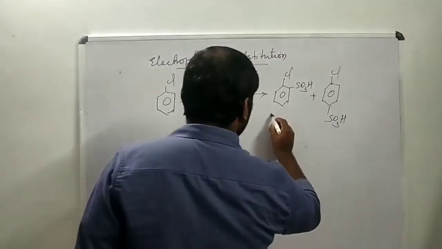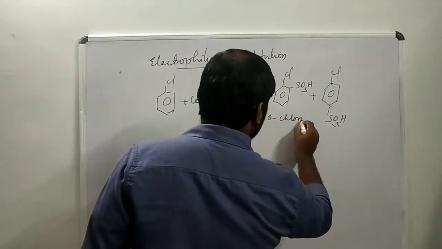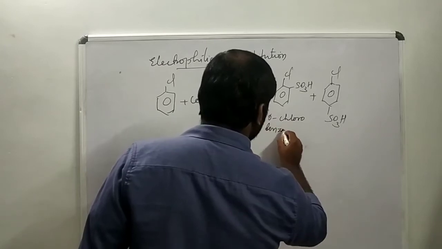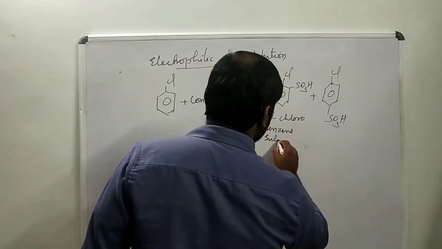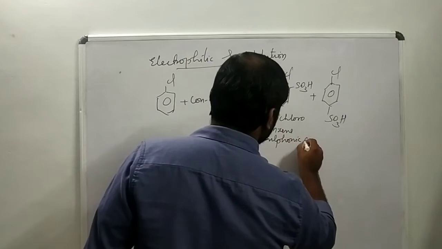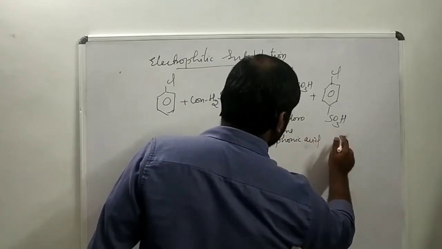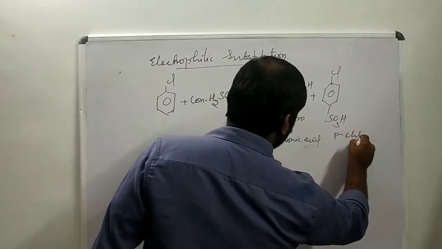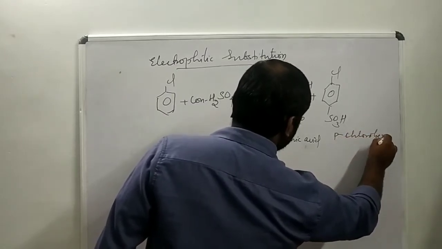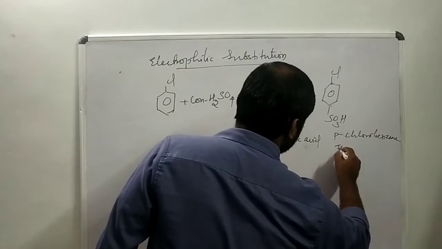The name of this compound is orthochlorobenzene sulfonic acid, and this one is para-chlorobenzene sulfonic acid.